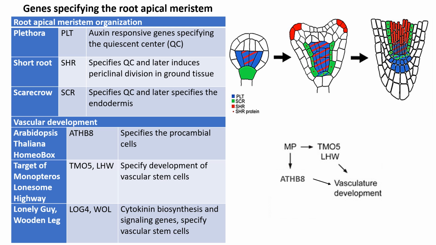So both the LOG4 and WOL genes are expressed within the vascular stem cells along with the genes which are induced by auxins, namely the TMO5, the lonesome highway, and the ATHB8 genes. Together, the auxin and cytokinin responsive genes bring about the development of the vascular cylinder.